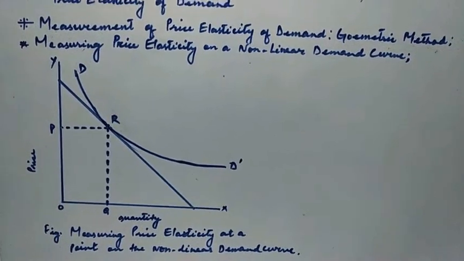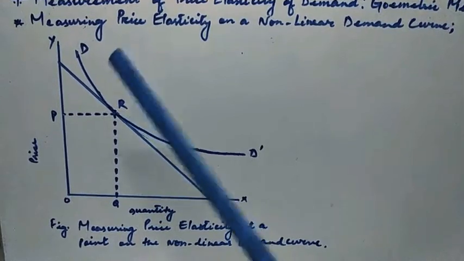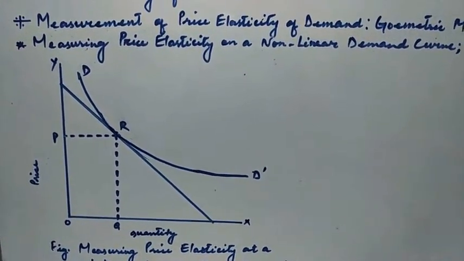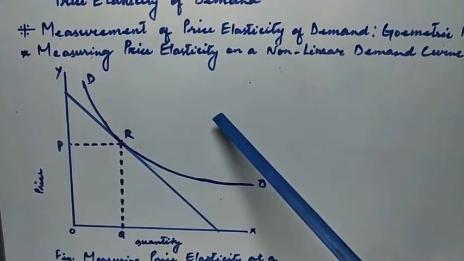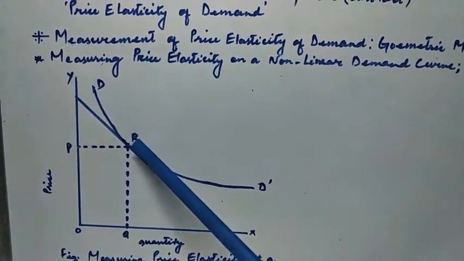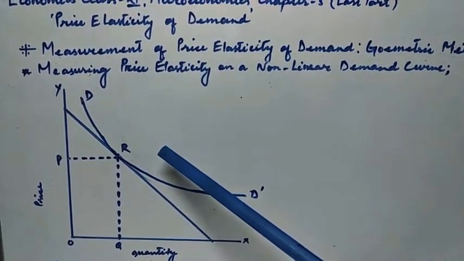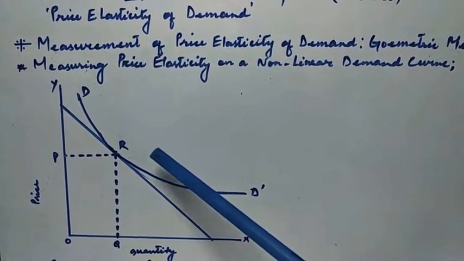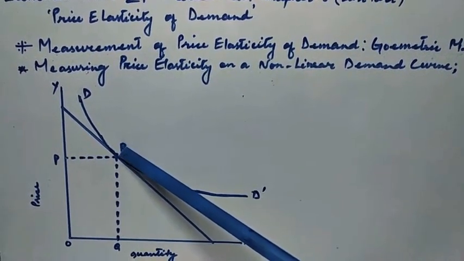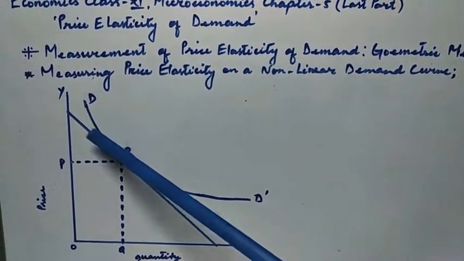So how do we measure price elasticity, let us say at point R? In order to measure price elasticity in this case, we have to draw a tangent at the given point R. We draw a tangent line touching point R on the demand curve DD', and then measure the price elasticity by finding the value of the lower segment and the upper segment.